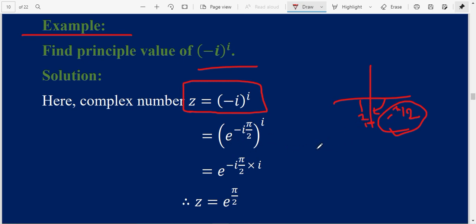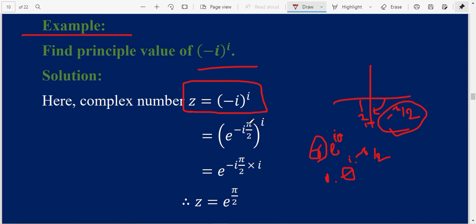So in polar form, r into e raised to i theta, where r is equal to 1, and e raised to i into minus pi by 2. So (e raised to minus i pi by 2) raised to i.